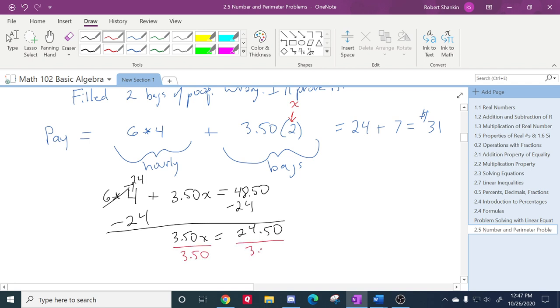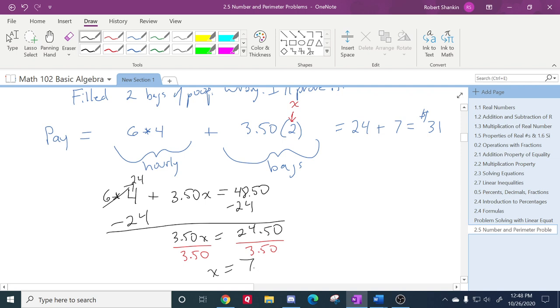So we divide by 3.50, and we get x equals, I'll pull out my calculator, 24.5 divided by 3.5, and I get 7.